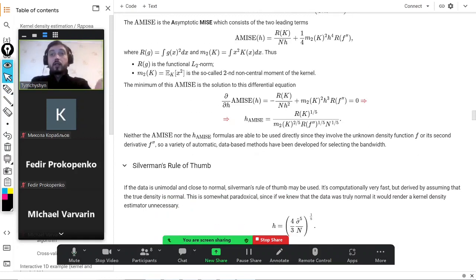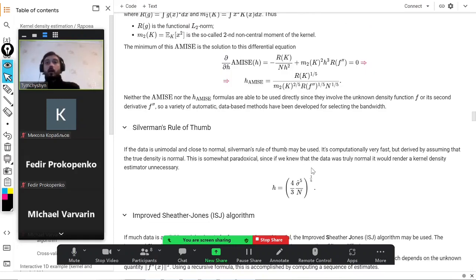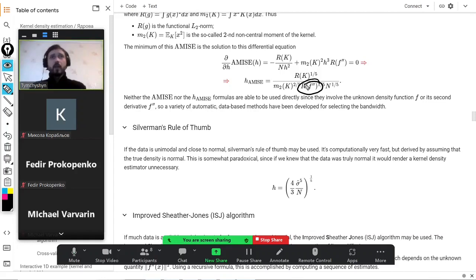What is interesting here is that, for example, in Silverman's rule of thumb, we have, in this formula, a problem finding this sort of thing. That depends on the real probability distribution, moreover on the second derivative of that, and we don't have that.